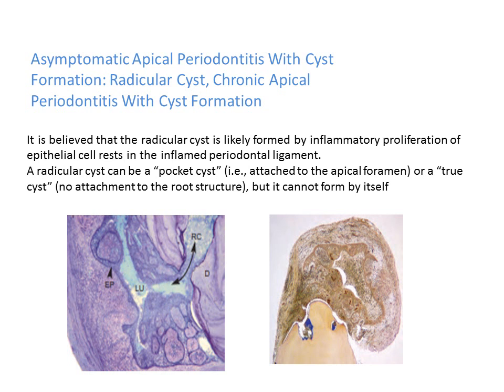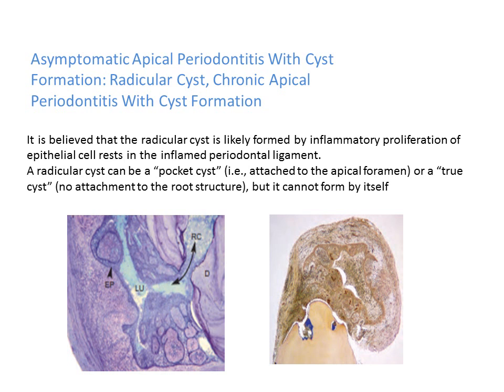I think you have read them in oral pathology, and they will be repeated for you in oral medicine and I am repeating it for you from the operative point of view. Okay, so the radicular cyst, which is formed by inflammatory proliferation of epithelial cell rests in the inflamed periodontal ligaments.